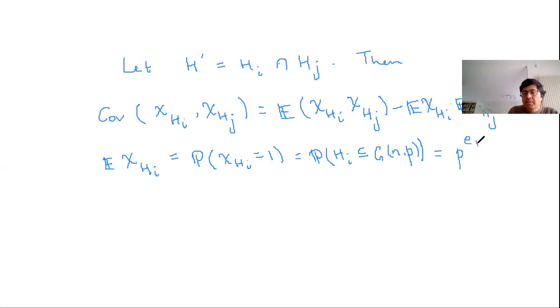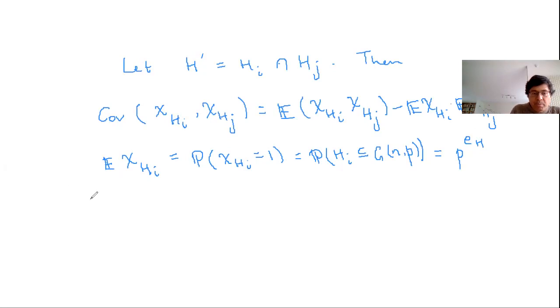We need at least this many specific edges to be present; more could be, we don't care. And similarly, it's the same for the expectation of chi Hj. These are the same. But what about the product now?